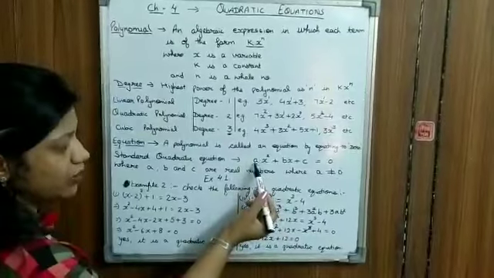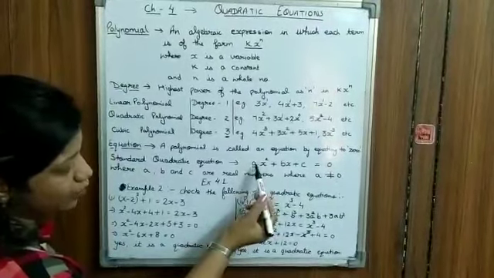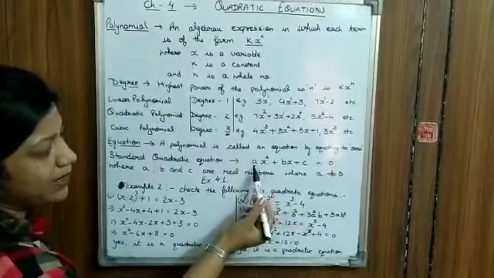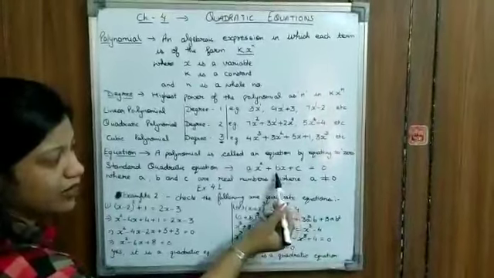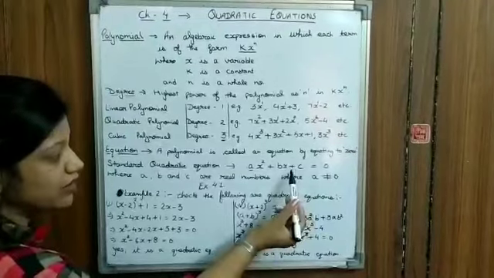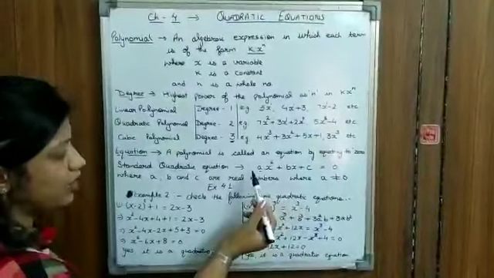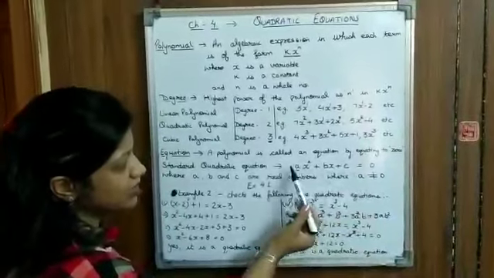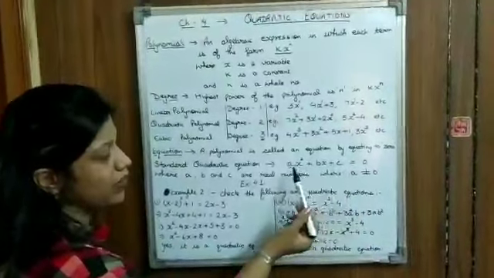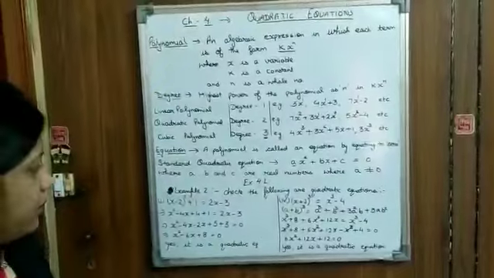Because if it will be 0, then you can see 0 into x square, this complete term will be equal to 0 and we will be left with the x power 1. So the degree will be 1. So that's why we say it should not be equal to 0. So this is our quadratic equation when a is not equal to 0.